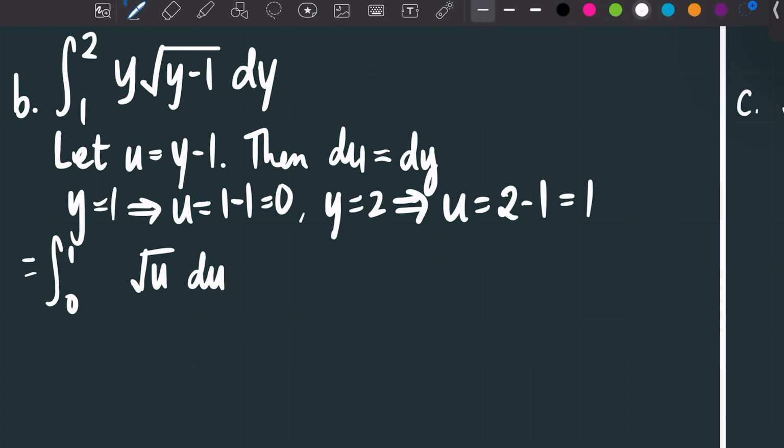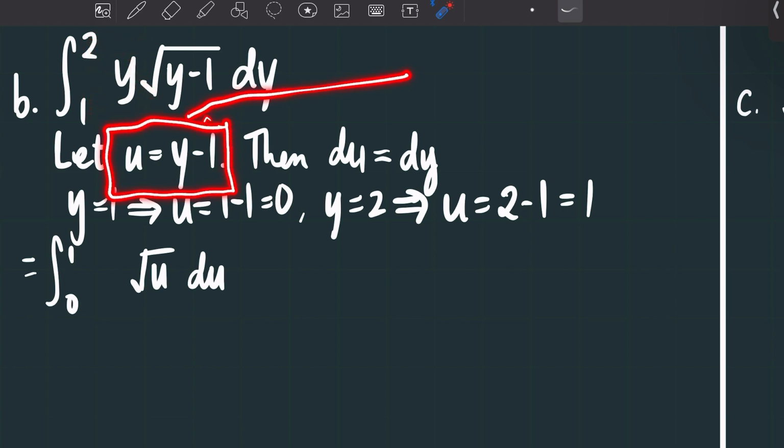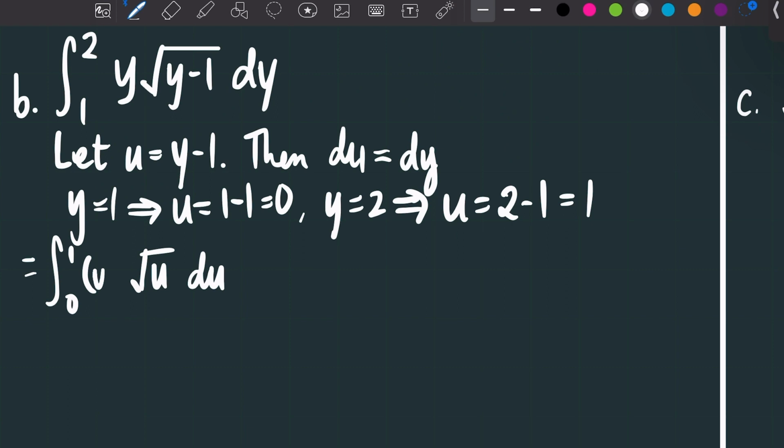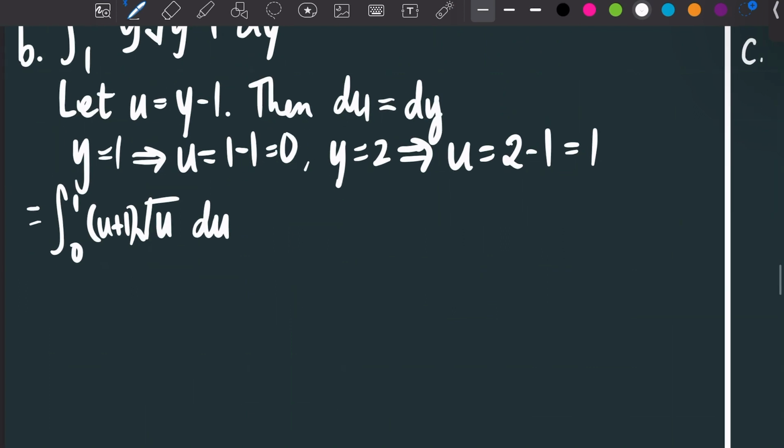Pero, paano si y? So, meron tayong y sa labas, no? Luckily, madali lang natin siya mapapalitan from here. So, if u equals y minus 1, if ilipat natin yung negative 1 sa left side, we get u plus 1 equals y. So, this one becomes u plus 1.